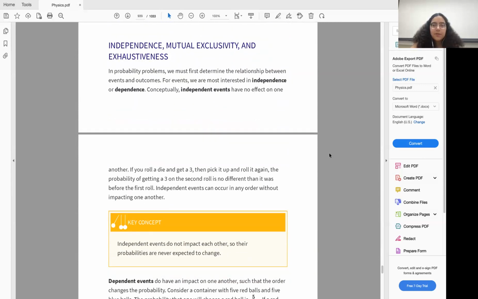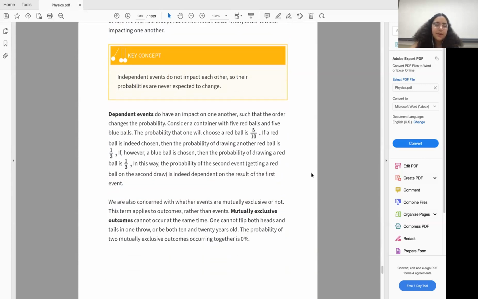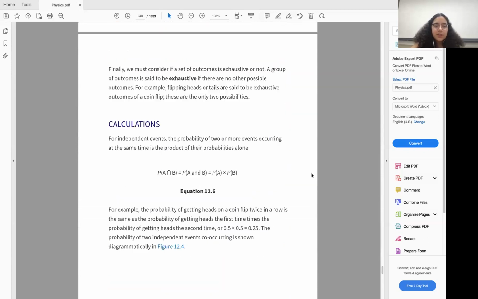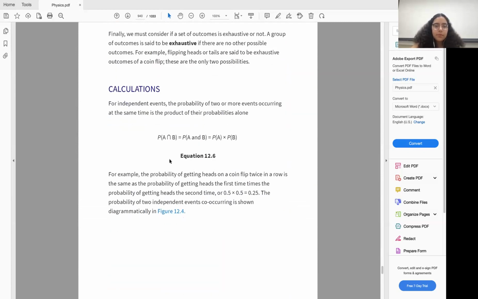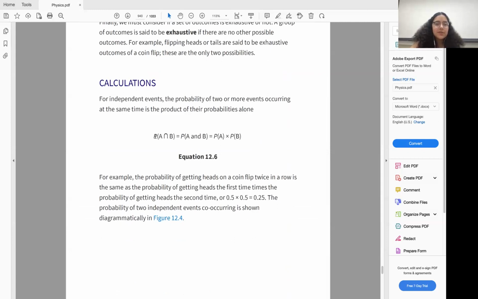For probability, we talked about independent and dependent variables. If you've taken prob stats, you've seen these, but there's the intersection and union. The probability of 2 or more things happening together is the product of them happening alone. If you want A and B both to happen, the intersection, and you know the individual probabilities, you multiply them.